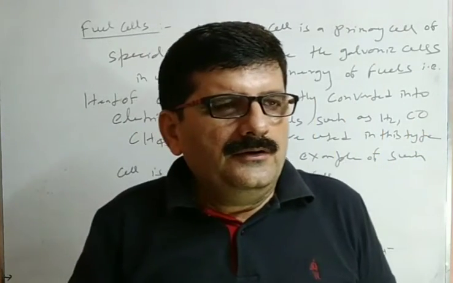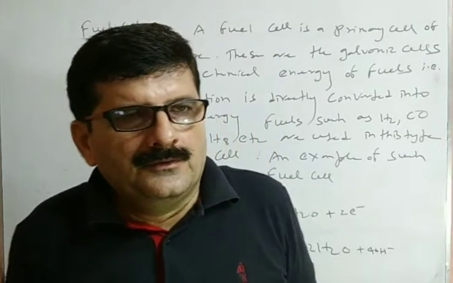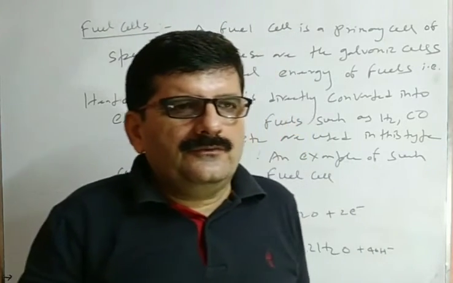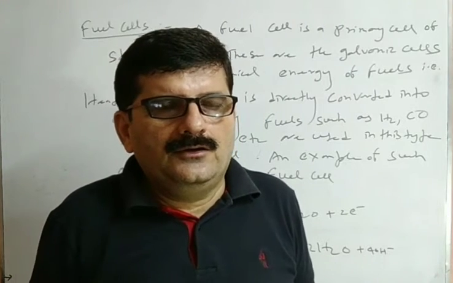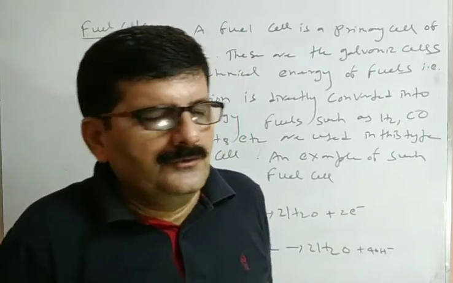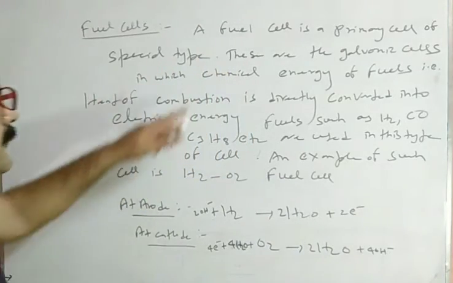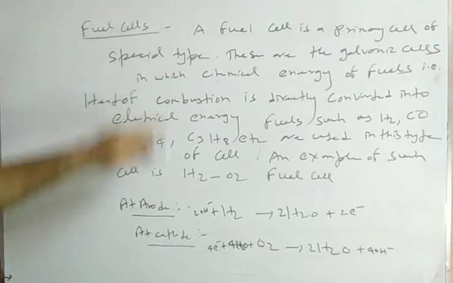A fuel cell is an example of a primary cell. This cell is generally free from pollution. That's why nowadays it is frequently used. So we can write: a fuel cell is a primary cell of a special type.